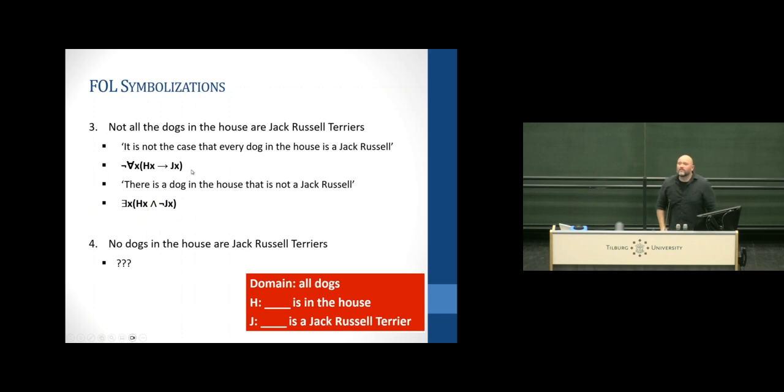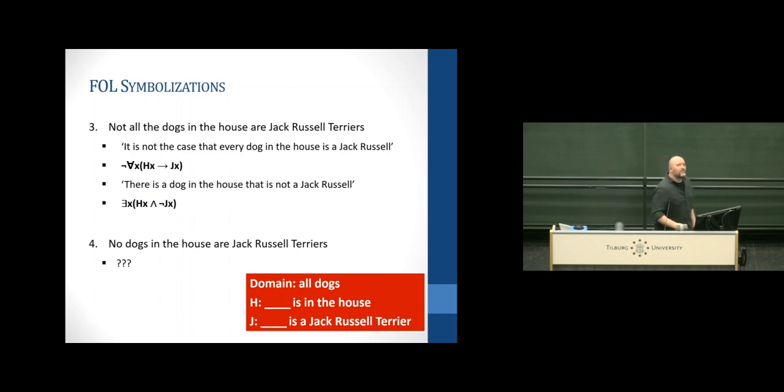The other way is if not all the dogs in the house are Jack Russells, there's got to be at least one in there that's something else. At least one thing's in the house and isn't one of those. So, two different ways to capture not all F's are G's.